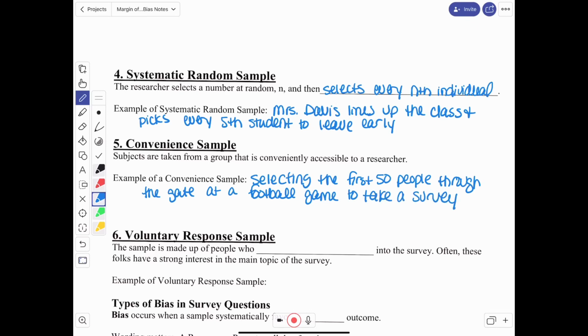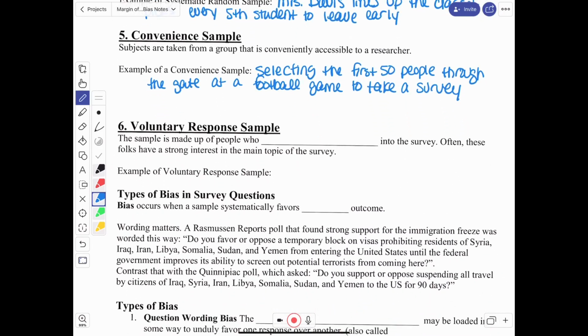All right, a voluntary response sample is made up of people who self-select into the survey. Often these folks have a very strong interest in the main topic of the survey. An example would be a Facebook or Twitter poll, or basically anything on social media.